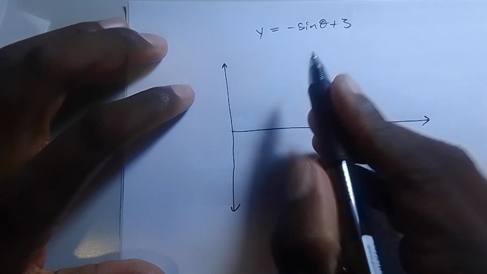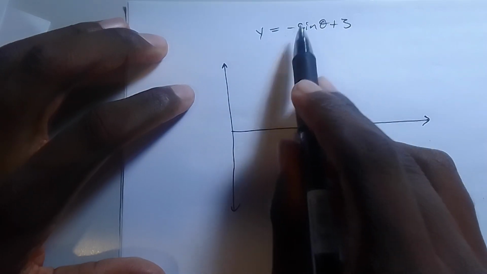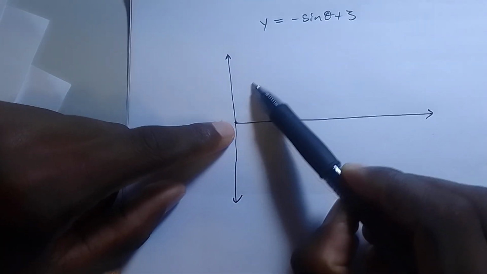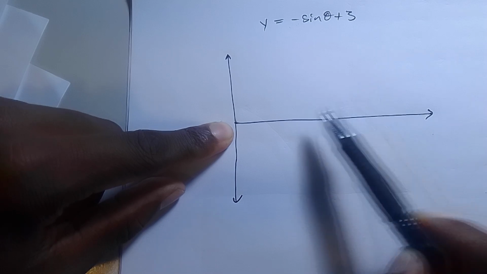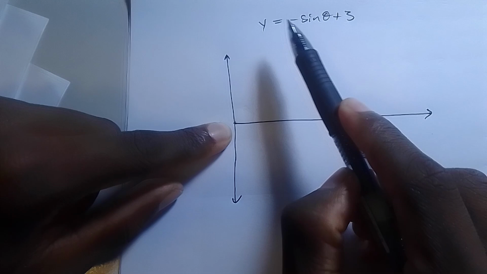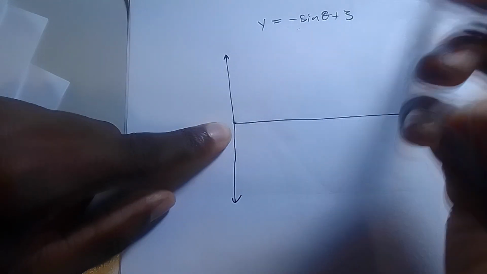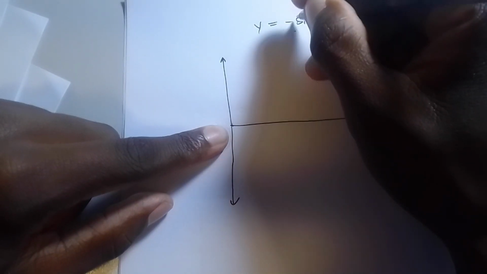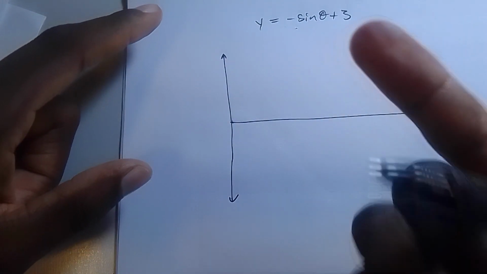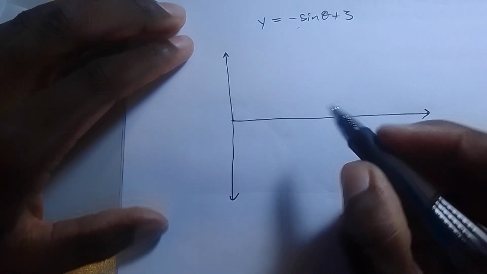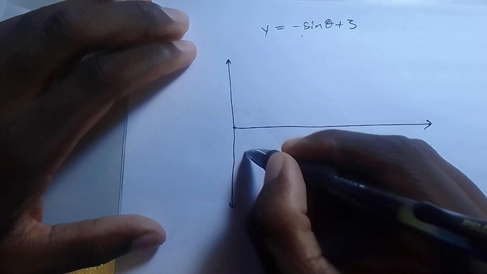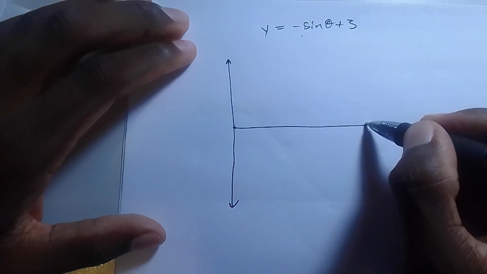The negative in front of the sine theta means that this graph is not going like this, but rather it's starting from the bottom. But the amplitude is still 1, because the coefficient is -1 and the amplitude is the coefficient, but taken as positive. Now the original graph went something like this.